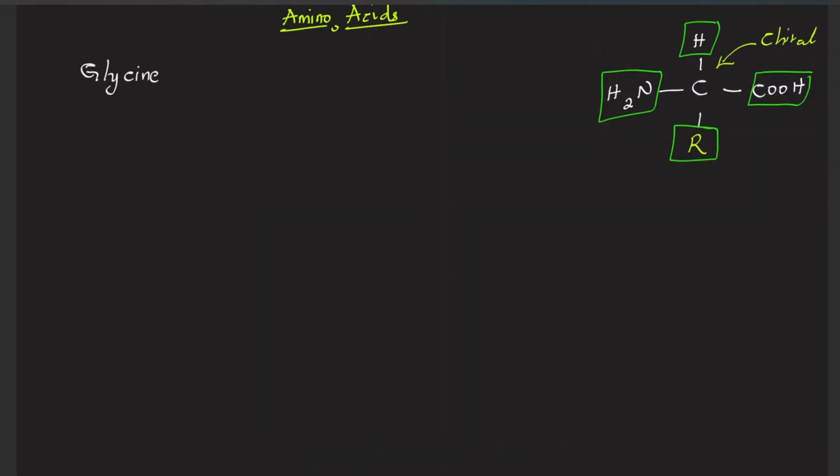So as usual, glycine has a 3-letter abbreviation as GLY and then a 1-letter abbreviation as G. Now, just like all the other amino acids, it has a carbon in the middle attached to 4 groups.